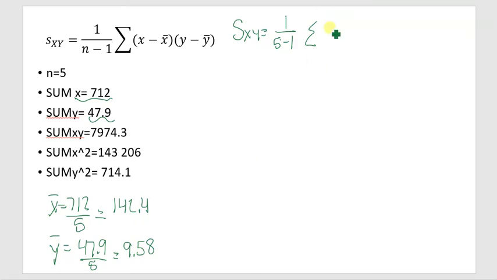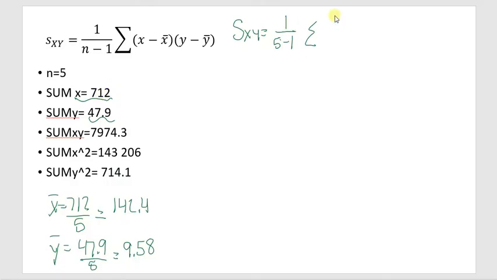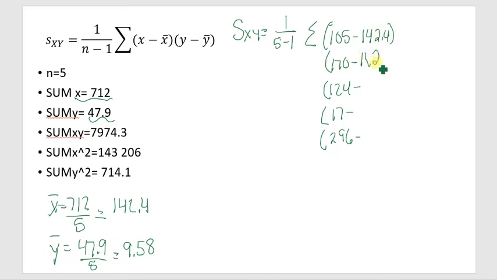Okay, so if you take a look back at all the X values and all the Y values, that's what we're going to list right now. 105 minus, 170 minus, 124 minus, 17 minus, and then 296 minus, and we're going to subtract 142.4 from each.